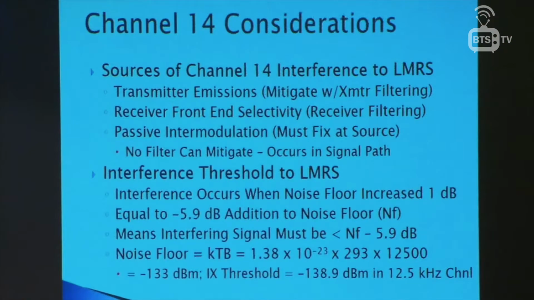So let's look at some of the other considerations about Channel 14, and we'll come back to that condition in a couple minutes. So what are the sources of Channel 14 interference to land mobile? For one thing, transmitter emissions, and we can mitigate those by use of transmitter filtering, the mask filter. Receiver front-end selectivity, and we can help that with better receiver filtering.